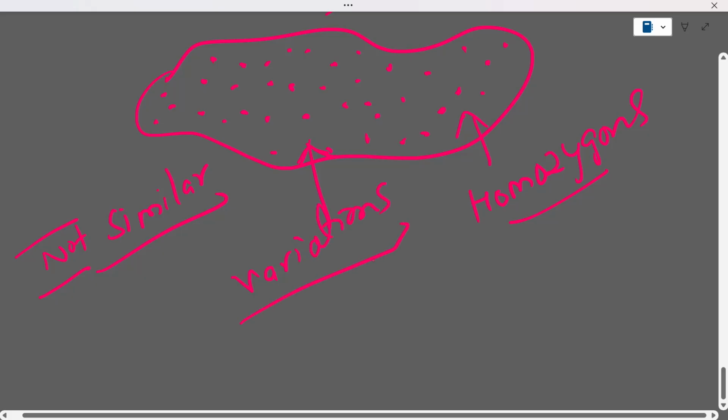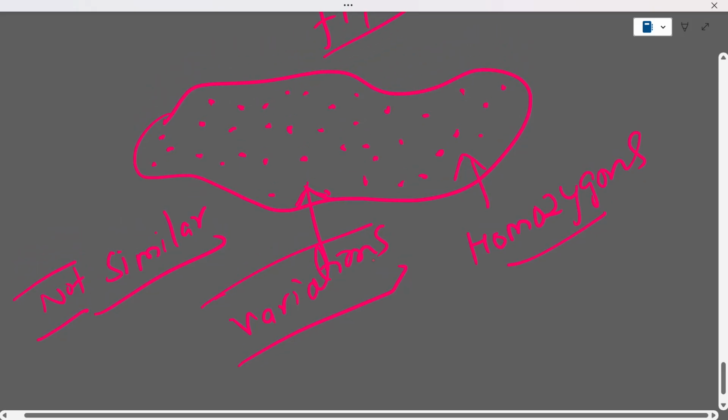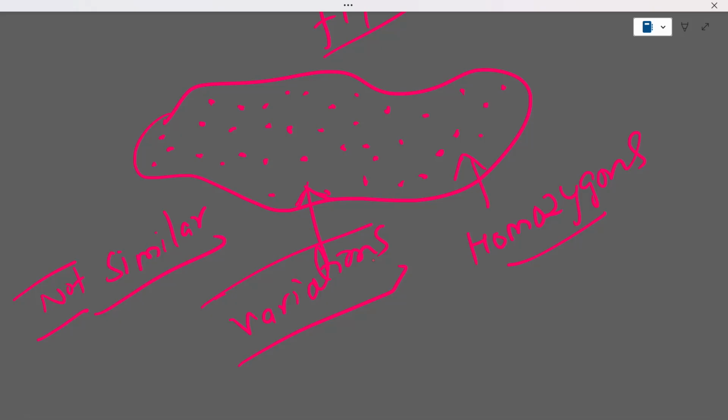So in this pool of housefly, there are different variants, different traits, different allele combinations. All such will exist in this pool of population.